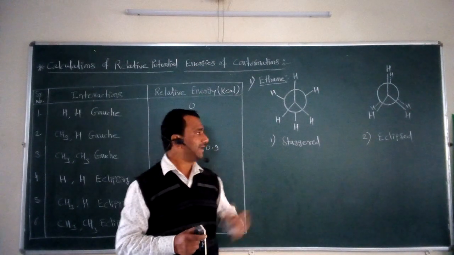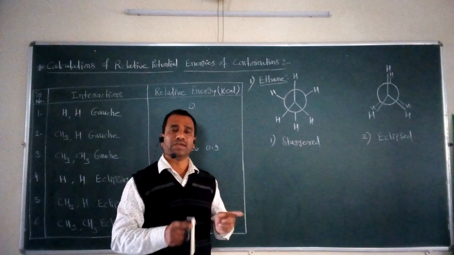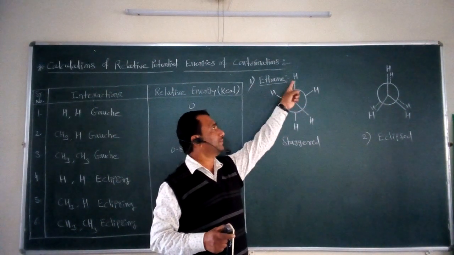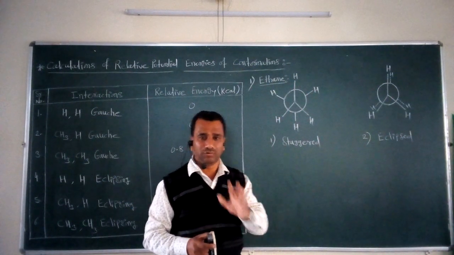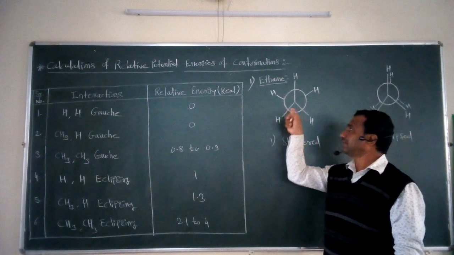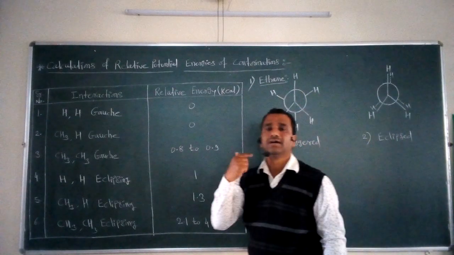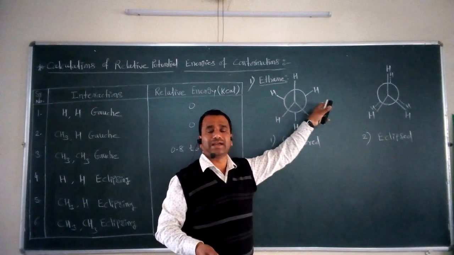First of all, if we look at the staggered conformation of the ethane molecule, we compare the relative dihedral angle between two hydrogen atoms on the front carbon and on the rear carbon. We know very well that the front carbon can be represented by the circle point and the back sphere represents the rear carbon.